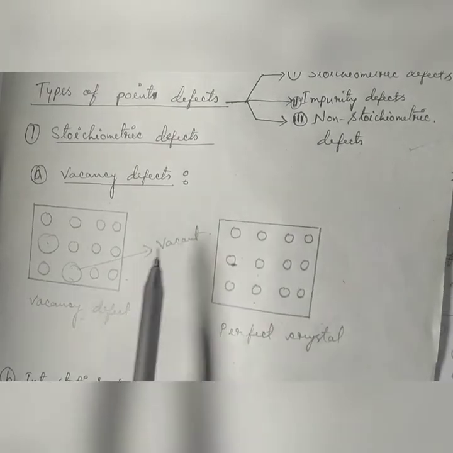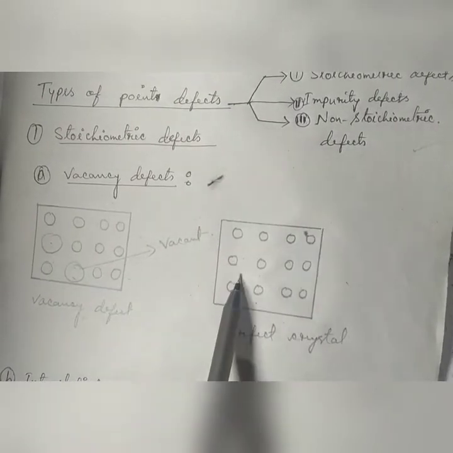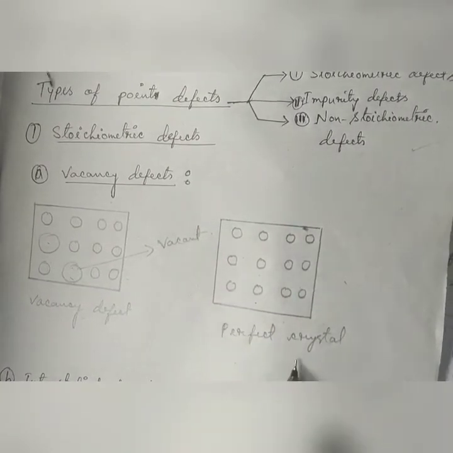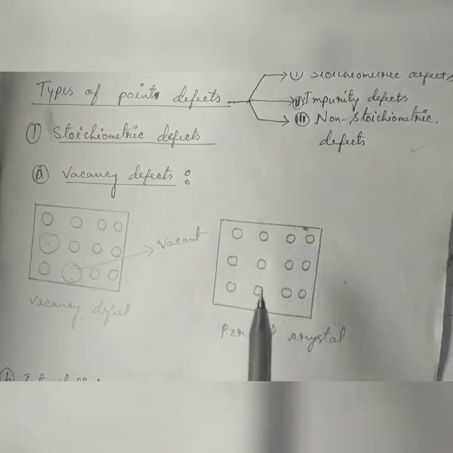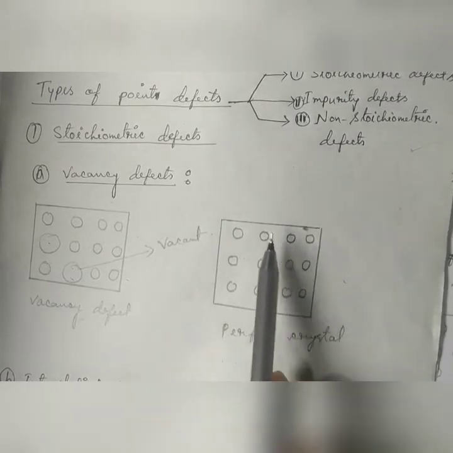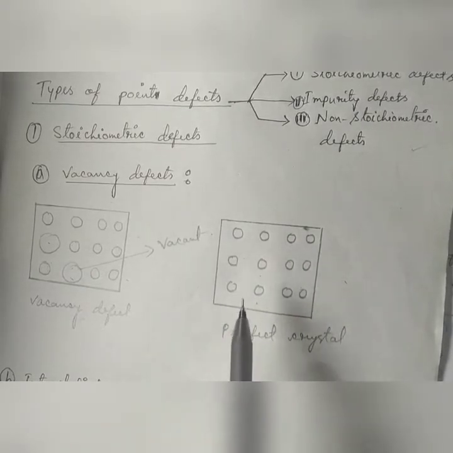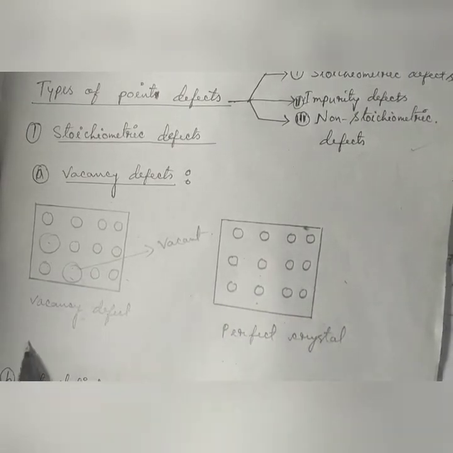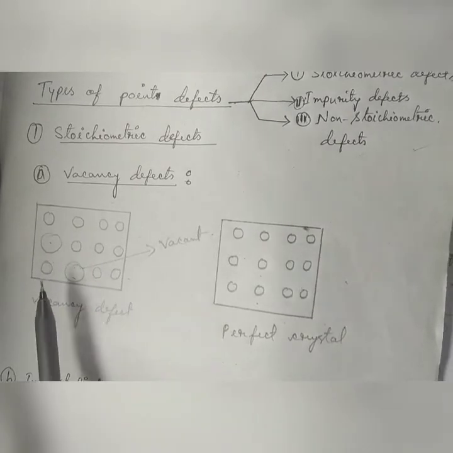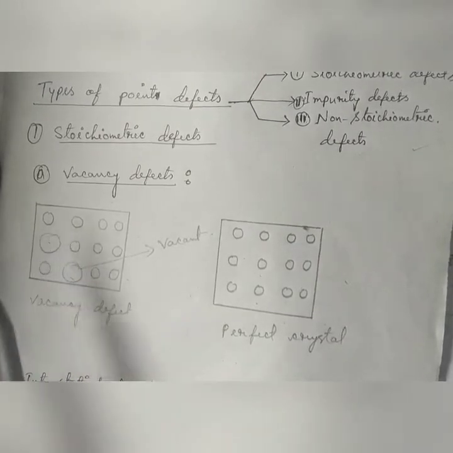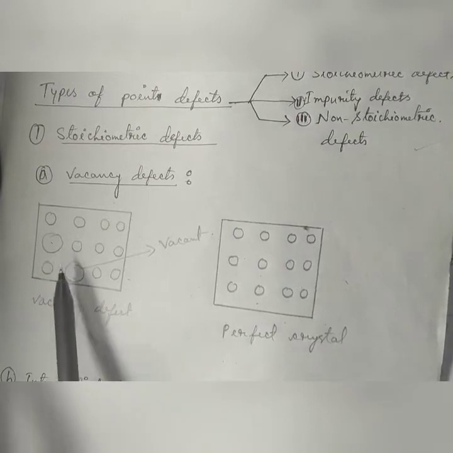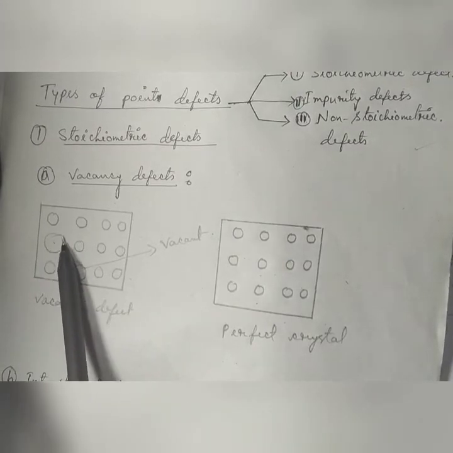For vacancy defect, let's compare this structure. This structure is for a perfect crystal, where all the atoms or molecules are in their ordered form. But in this structure you can see that some of the particles, that means atoms or molecules, are missing from their position.